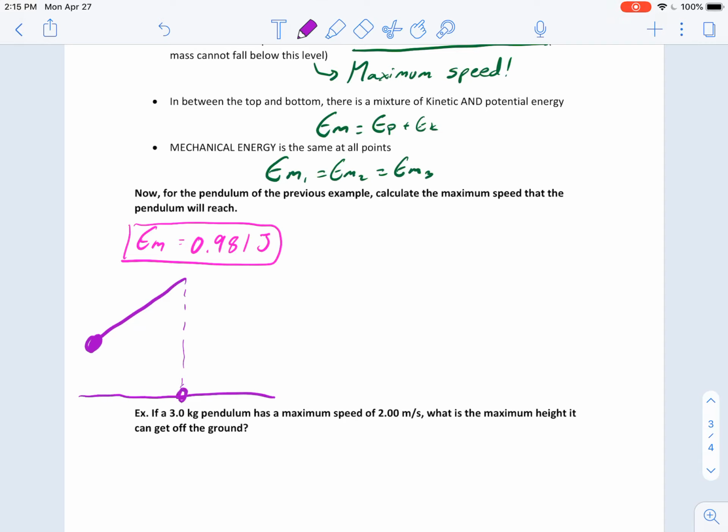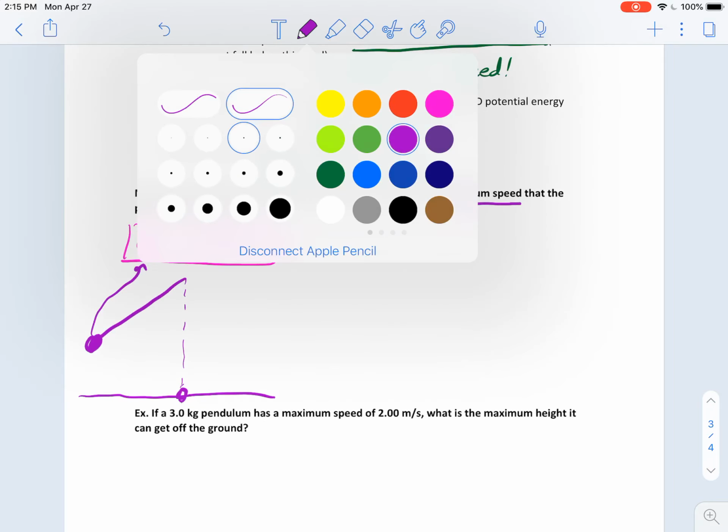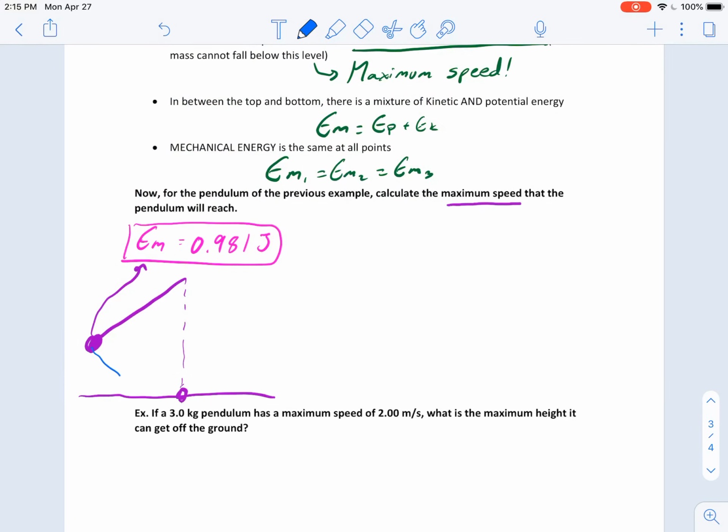We want to find out what the maximum speed is. We know that the EM at the beginning, or throughout the whole system, is equal to 0.981 joules. Well, as this moves, there's only one point where we have a maximum speed. And that maximum speed happens right here.